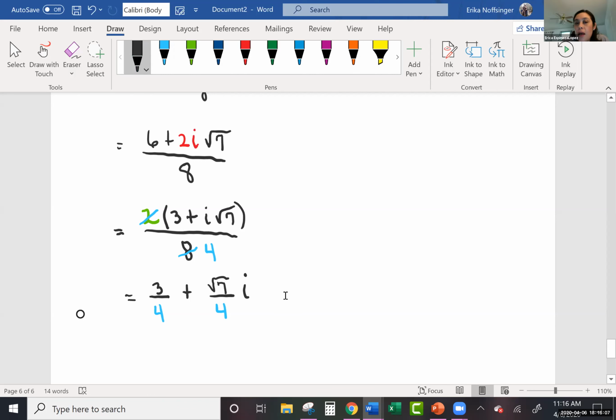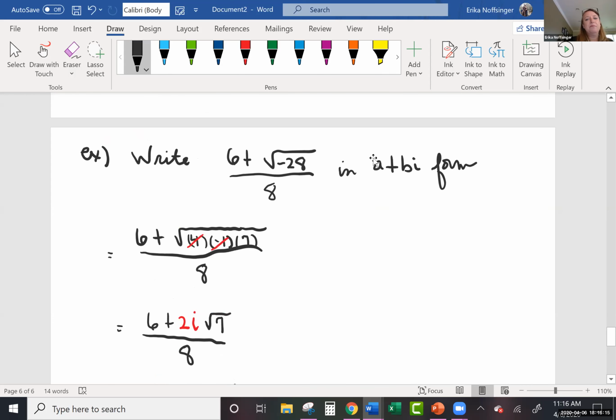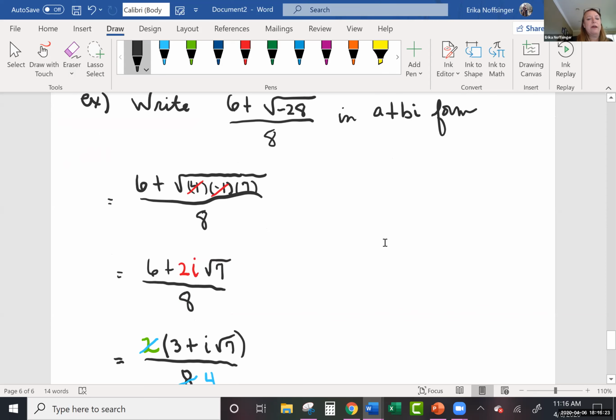If we put the i in the front, I'm okay with that, but normally you'll see the i behind like it is right here. So that's why I did it. But I won't mark it wrong.